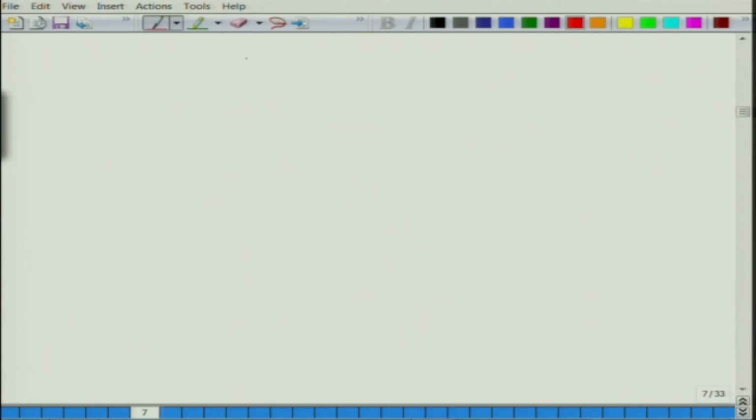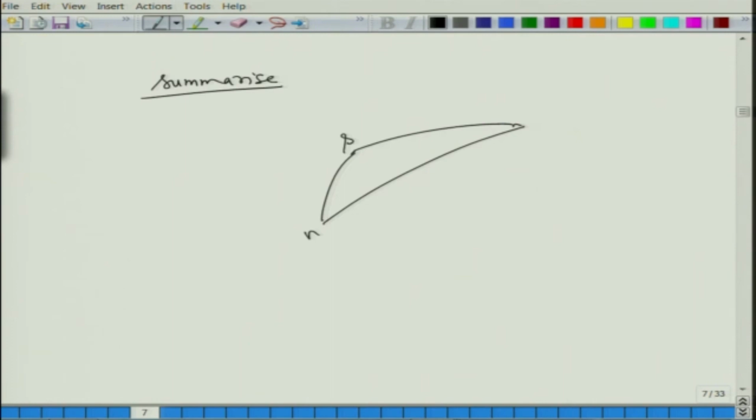So, just to summarize, we have this spherical triangle, and this is the spherical triangle we are interested in.